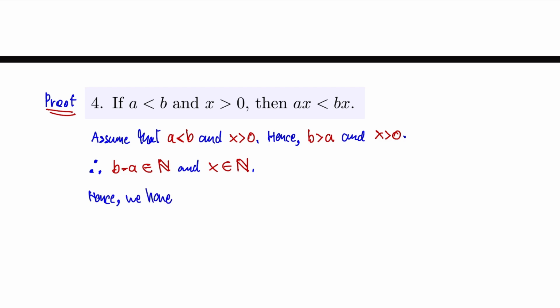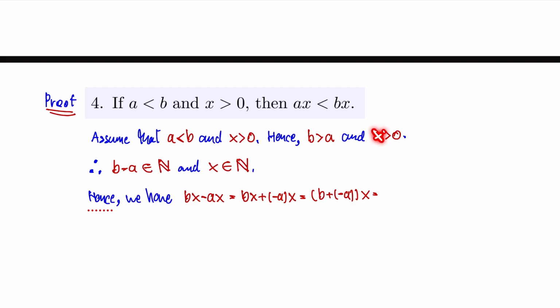I want to start with bx minus ax, which is bx plus minus a times x, and we use the distributive property. We're going to have b plus minus a, times x. Then what does it turn out to be?